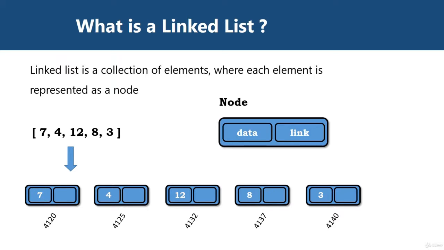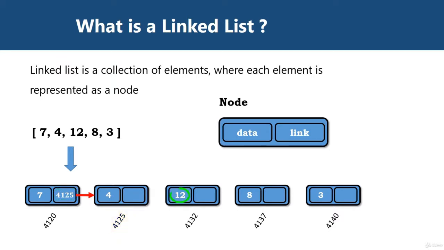That is, in this case, we have element 4, the second node whose memory address is 4125. So the link of node 7 stores the memory address of node 4, that is, in this case, 4125. So a link is created between node 7 and node 4.